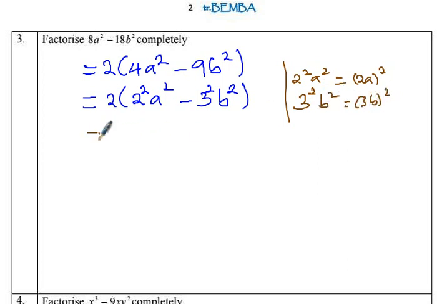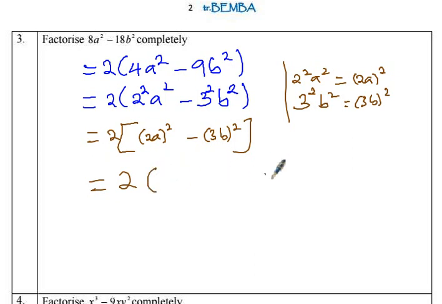So I can come back here and I write 2. I want to use this, so that now I'll write this as 2a squared minus 3b squared. And now when I see this, I can comfortably apply the identity of a difference of 2 squares to factorize the bracket, and my answer will be 2.